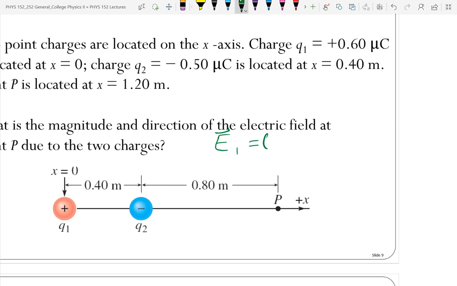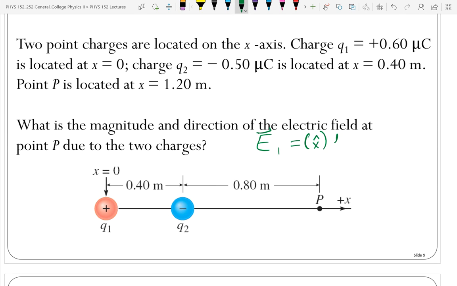So I'm just going to put here in front x hat in the positive x direction, and then it's k times the charge over distance 1, and 0.4 plus 0.8 is 1.2. And notice I forgot to write squared, but I got it in the end. So there's electric field 1.